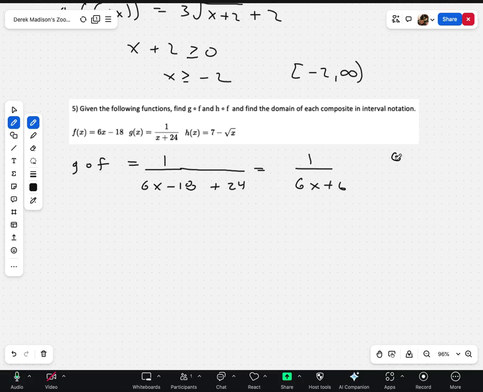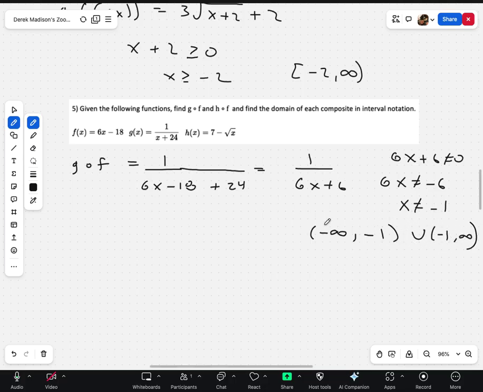And then for the domain, we would say 6x plus 6 can't equal 0. So 6x can't equal negative 6, and so x can't equal negative 1. So our domain, in interval notation, this is where interval notation is kind of a drag for this particular instance, would be negative infinity up to negative 1, and then union negative 1 to infinity. So we're saying everything but negative 1.